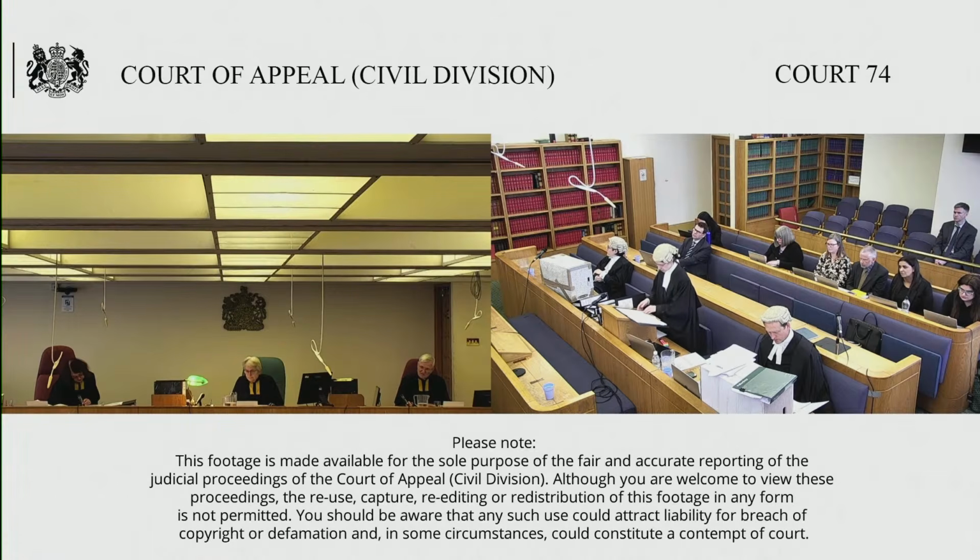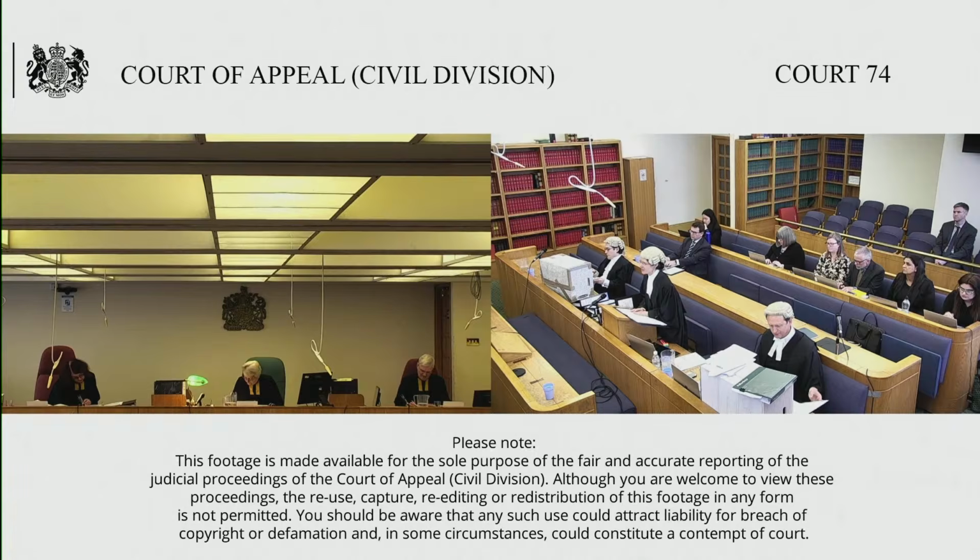And my learned friend relies on Eversden. I'll do this as quickly as I can. I think I'd better just show the court Eversden because he does rely on it.